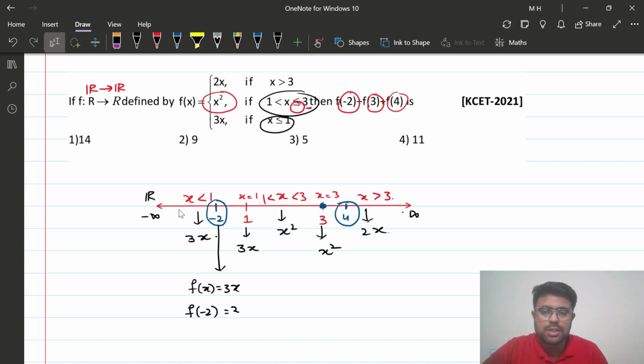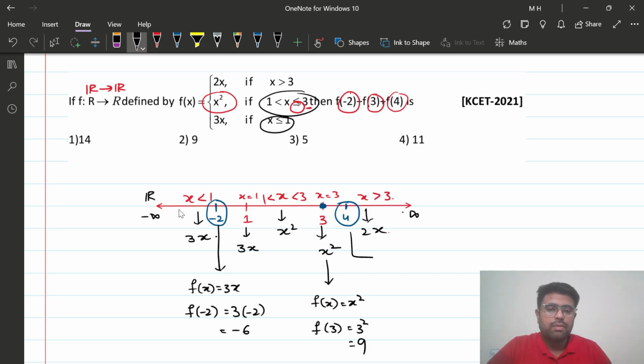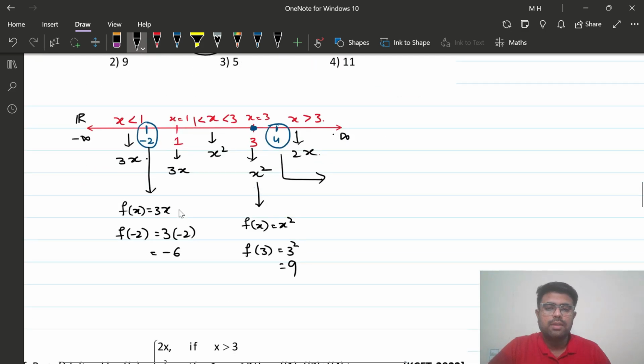F of minus 2 is 3 times minus 2, which is minus 6. At x equal to 3, f of x is going to be x square. So f of 3 is 3 square, which is 9. And for this case, f of x is going to be 2x, right? So if I substitute x equal to 4, it is going to be 2 into 4, which is going to be 8.